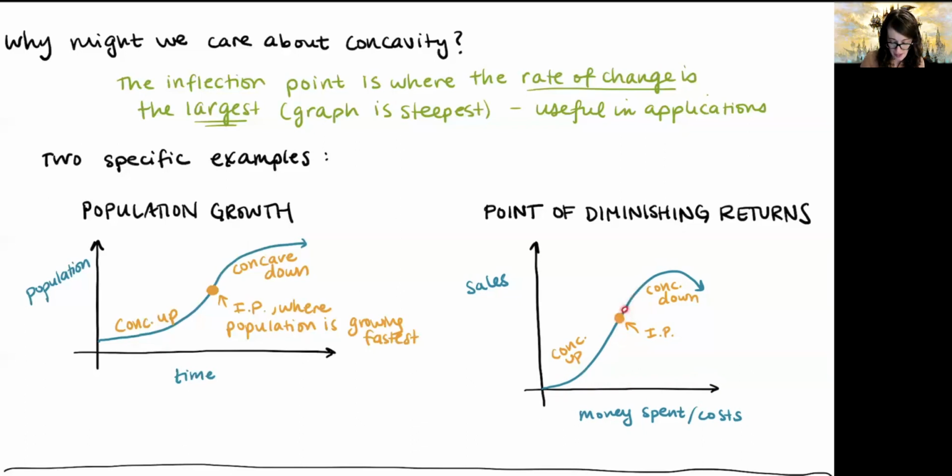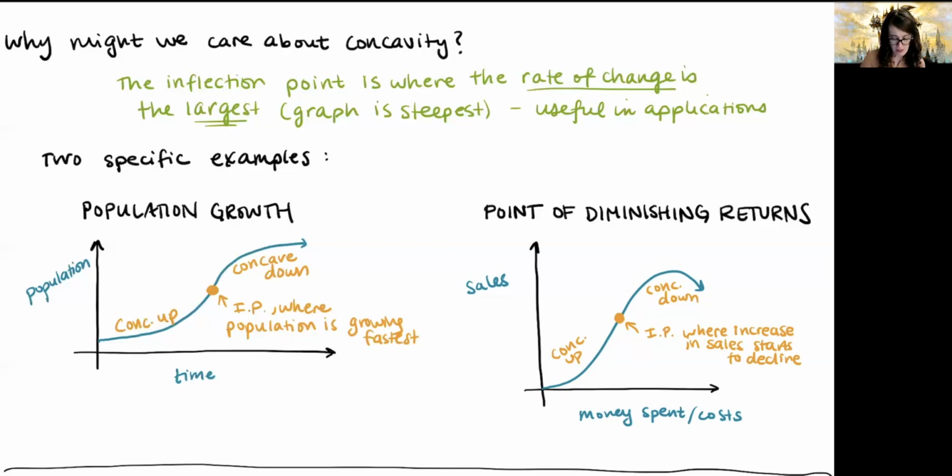The more you spend, you're still increasing, but not as much of an increase as there used to be. So this is where the increase starts to decline. It's hard to think about, but when the increase in sales starts to decline, spending a little more money on advertising, say, will still get you more sales, but it's not worth as much as it was once you reach a certain point.